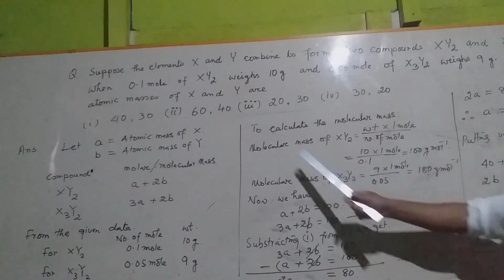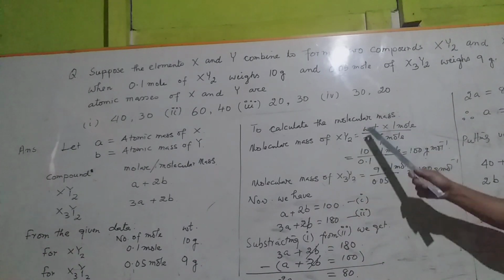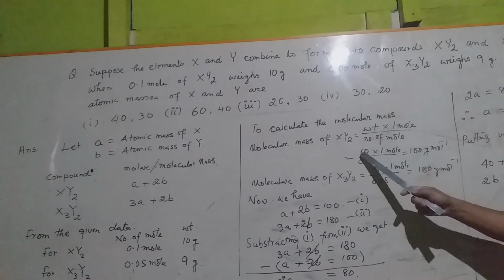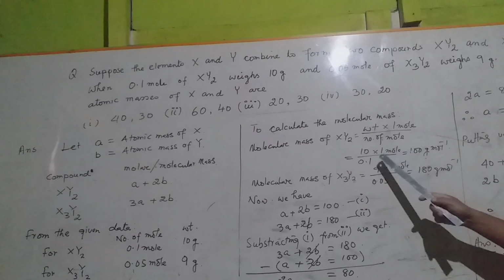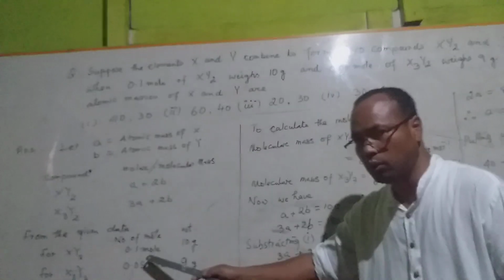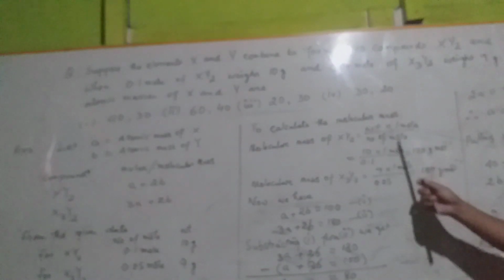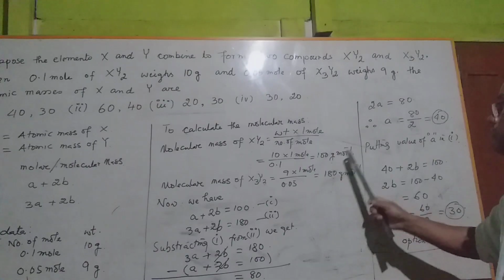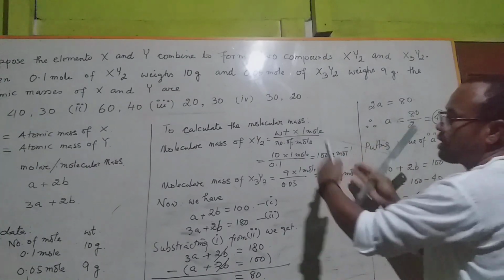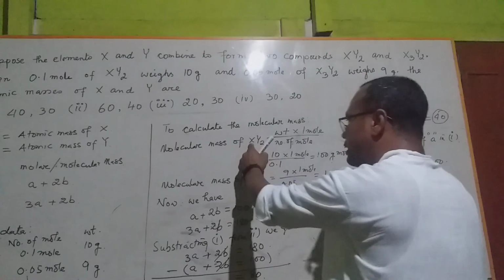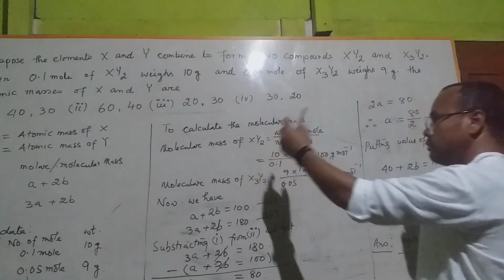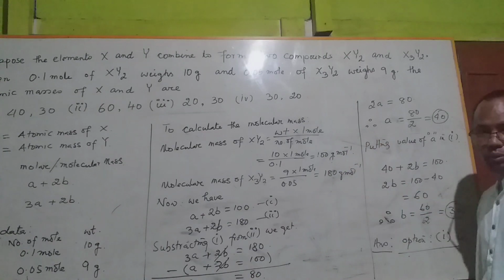For XY2, the weight is 10 gram and the number of moles is 0.1, so the molecular mass is 100 grams per mole. So what is the molecular mass of XY2? Yes, 100 grams per mole.